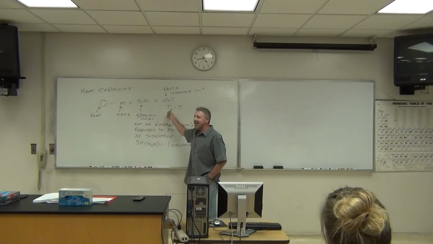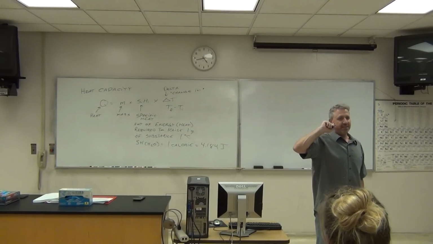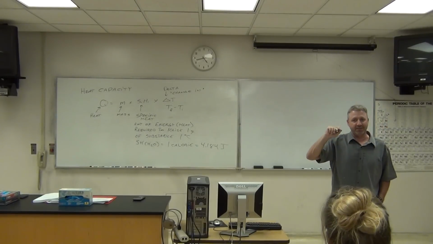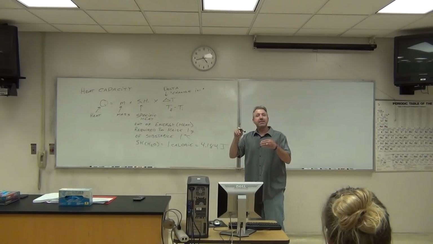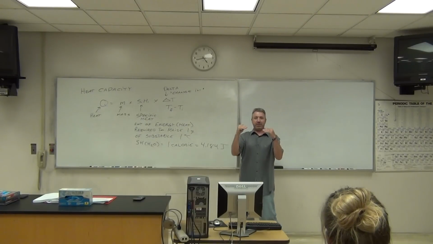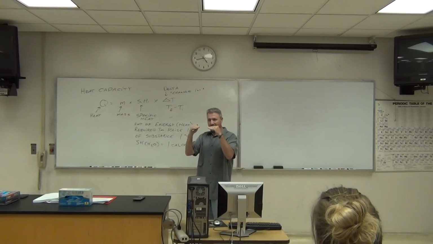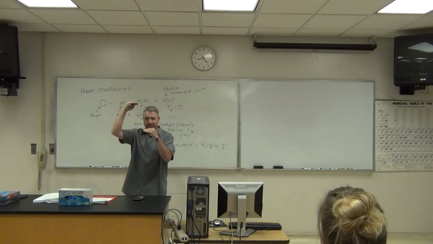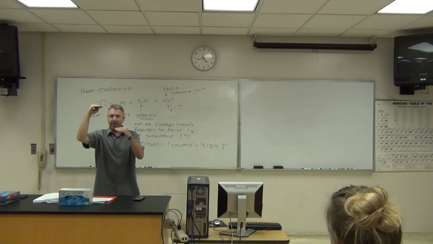Can you have a negative delta T? T final minus T initial. Let's say you're heating an object. By definition, when you heat an object, the final temperature is greater than the initial temperature. Otherwise, you're not heating it.